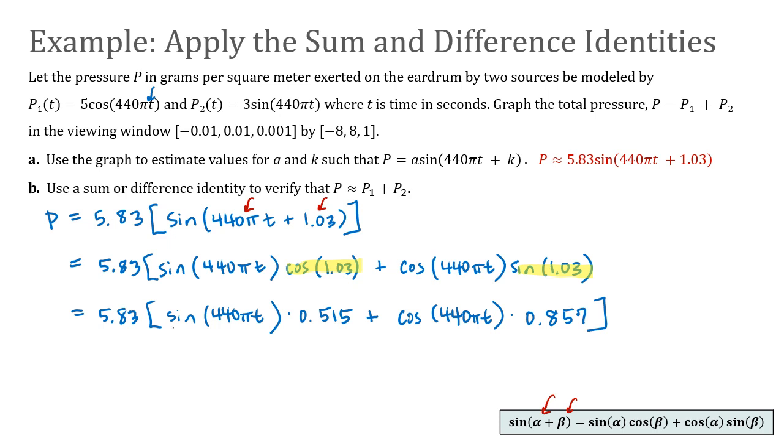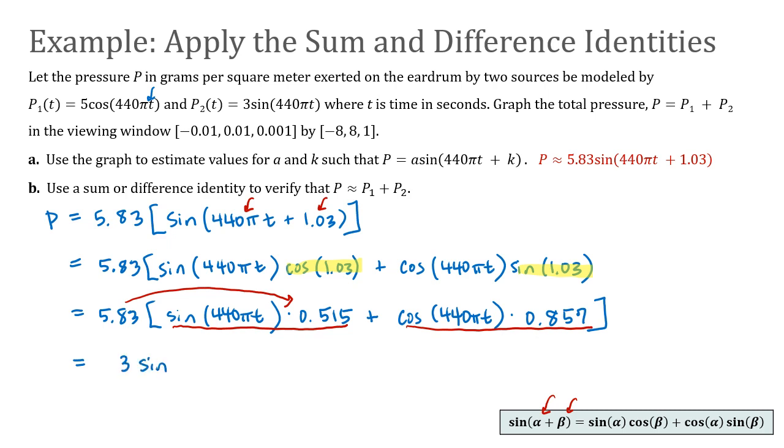Okay, so here's what I have. I have one term plus one other term, and on the outside I have a 5.83. So I'm going to take the 5.83 and multiply it by the 0.515. It's hard to believe, but 5.83 times 0.515 is approximately 3.